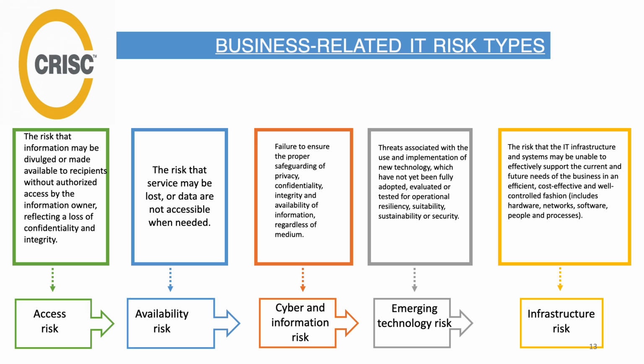In this, the risk that the IT infrastructure, the basic equipment needed for a business or a society to operate, and systems may be unable to effectively support the current and future needs of the businesses, producing a lot with very little waste, for a given amount of money, and in a well-controlled fashion. Includes hardware, network, software, people, and the processes. Example: company network goes down, data center loses power.